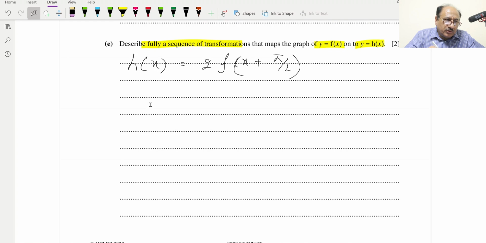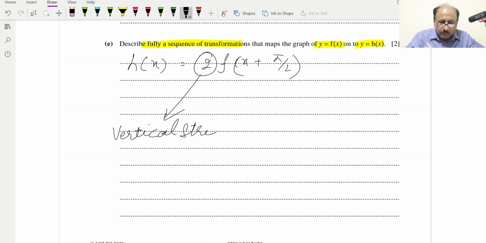Now this portion is representing what? This portion is representing vertical stretch by scale factor 2, and this pi by 2 portion shows translation to left.